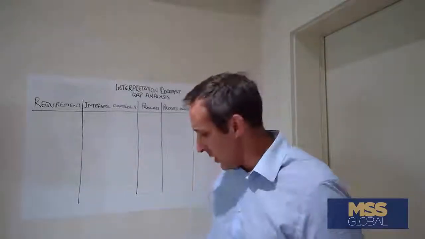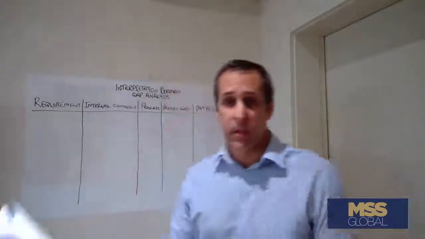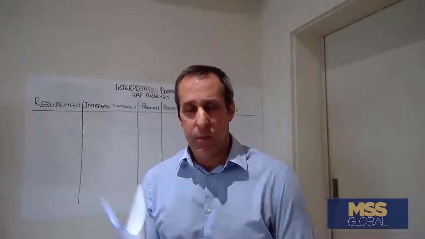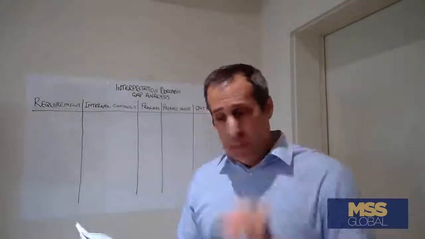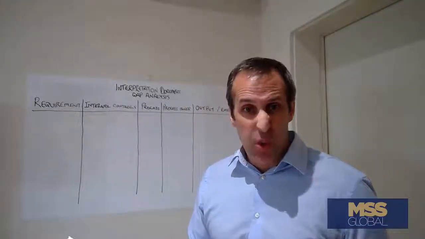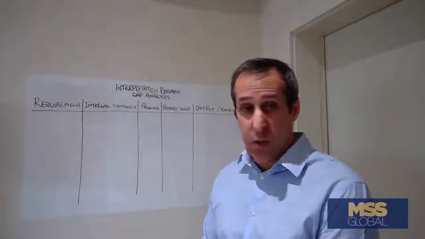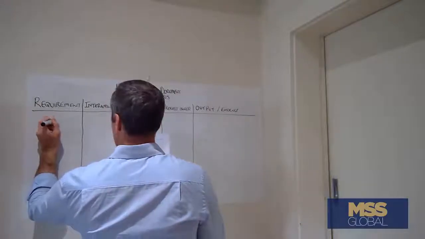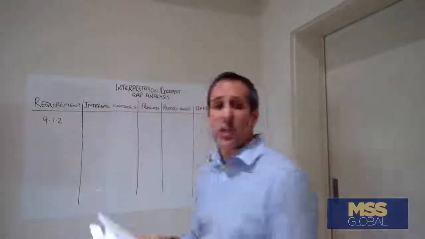So if it's ISO 9001, I might select, in order, or the order is irrelevant, a particular clause that I'm going to interpret. So it could be 9.1.2, customer satisfaction.